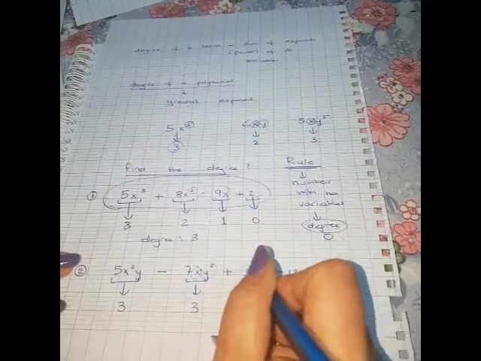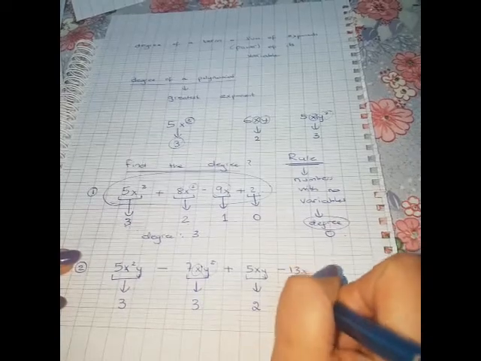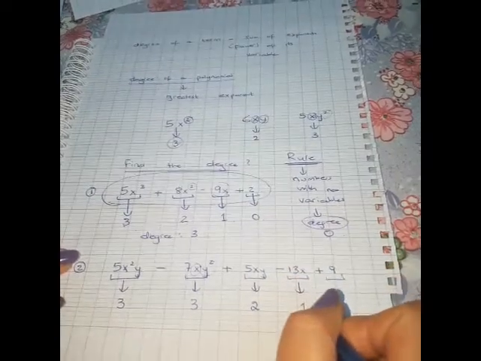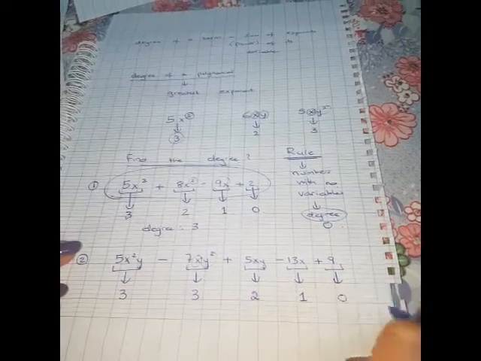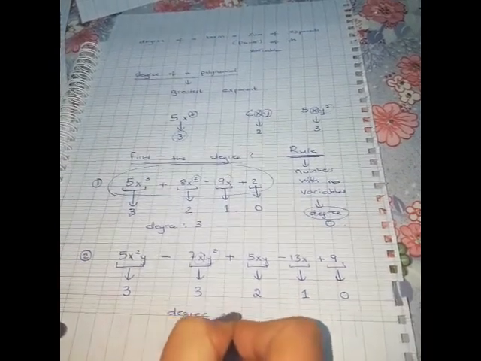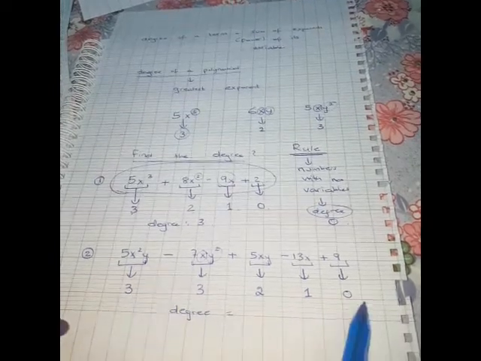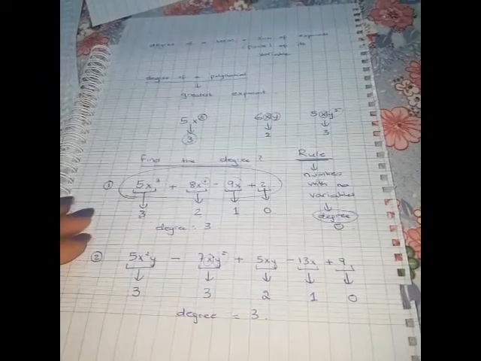I have 1 x, 1 y, so it's 1 plus 1, it's 2. Here I have only an x, so it's power of 1. And the 9 doesn't have a variable, so it's power of 0. So what's the degree of the polynomial here? Which is the largest? 3. So it's degree 3.